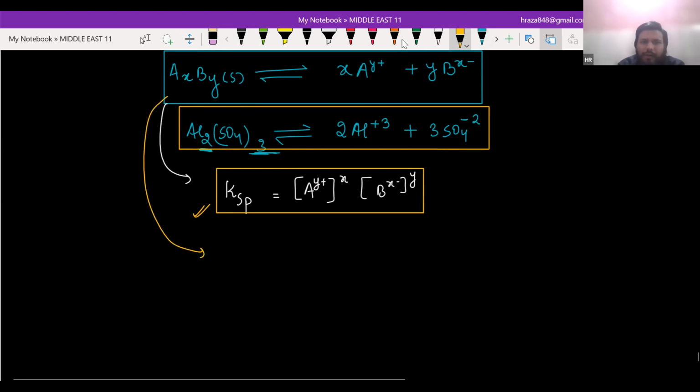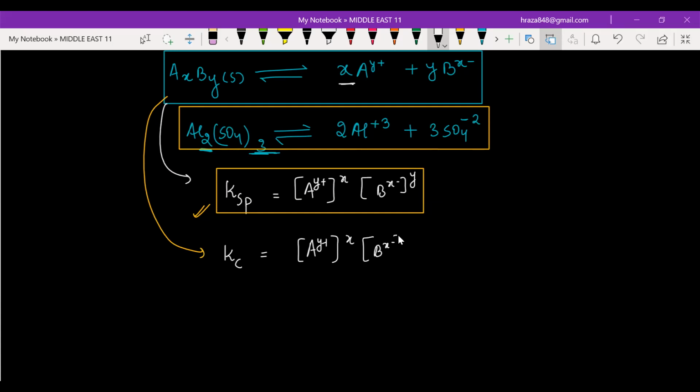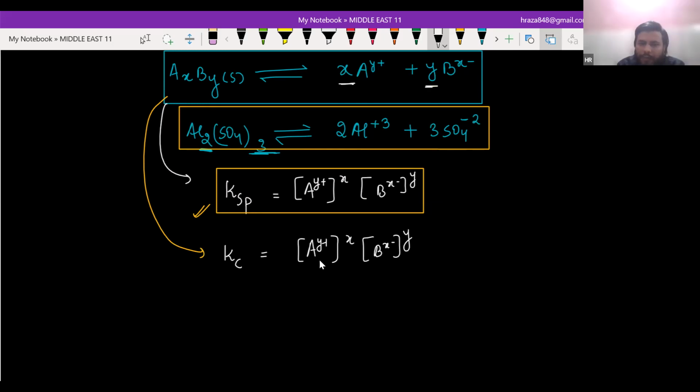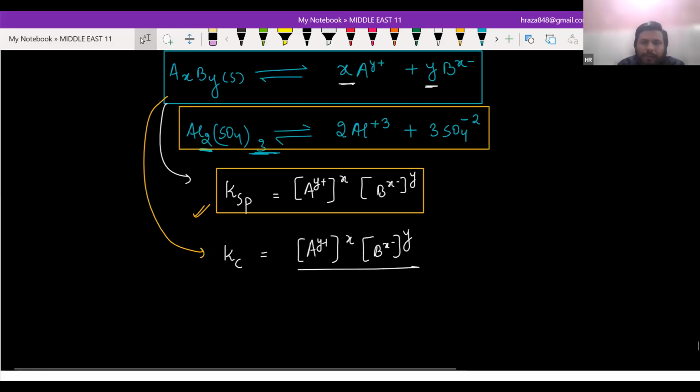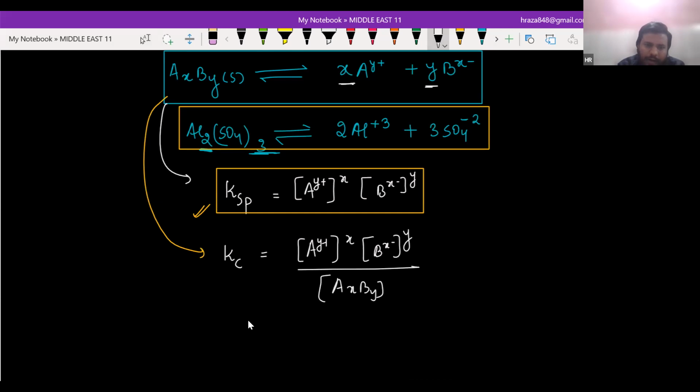Just write the value of Kc like we did for AB. Kc will be equal to A, and whatever is the stoichiometric coefficient will be in power. According to the expression of Kc, this is the coefficient, so it will be in power, and it will be AxBy.